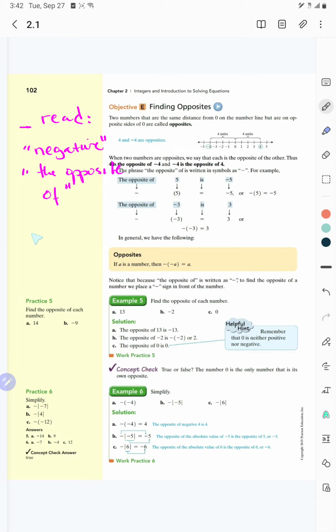So if I have -4, I can read it as negative 4, and we can read it as the opposite of 4. And this concept helps us in adding and subtracting integers.